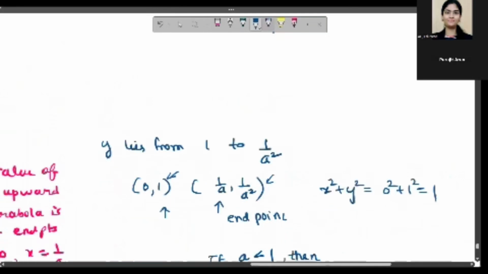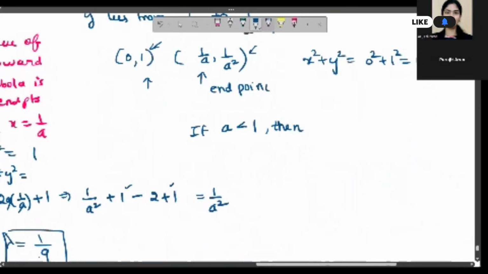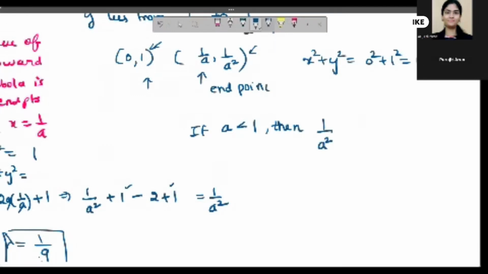So if a is less than 1, then the value of y, which is 1 by a square, will it be less than 1 or greater than 1? If a is less than 1, the smaller the denominator, the larger the fraction.